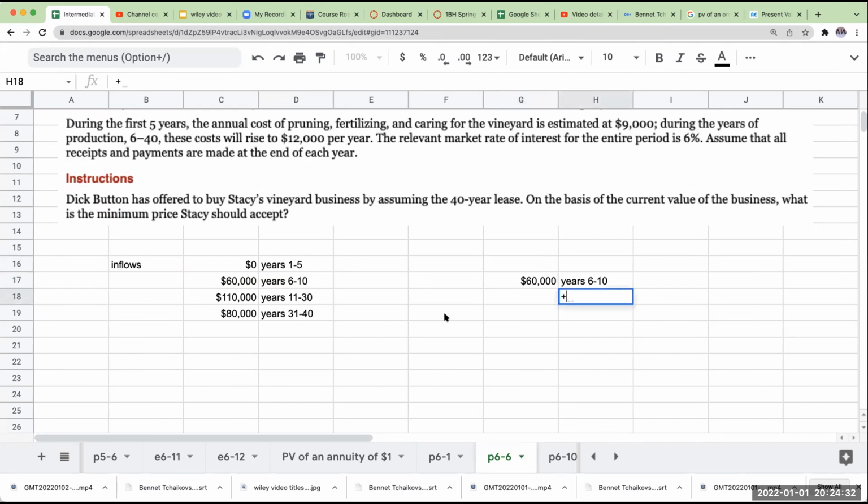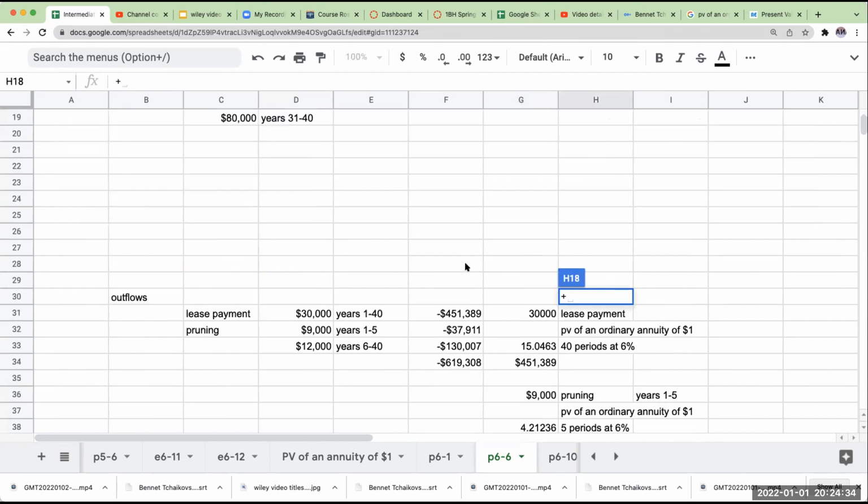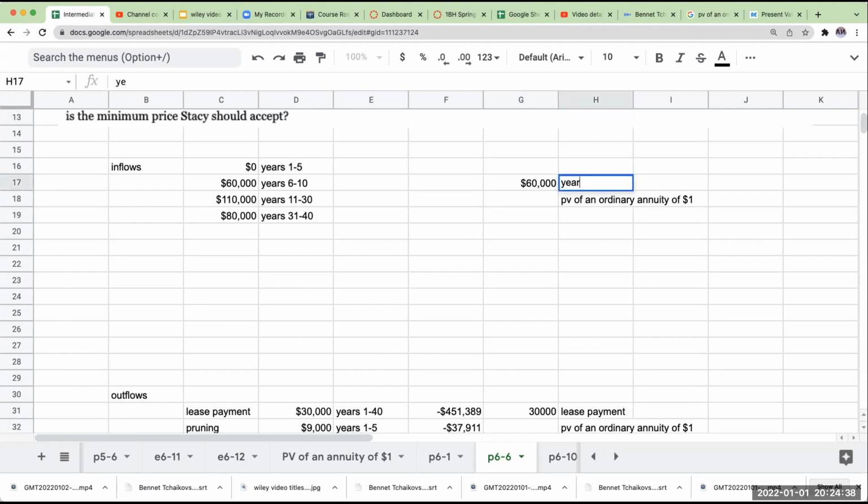So I'm going to go to the present value of an ordinary annuity of $1, but I'm going to do this actually for years 1 through 10. So this is going to be, excuse me, 10 periods at 6%. Okay.